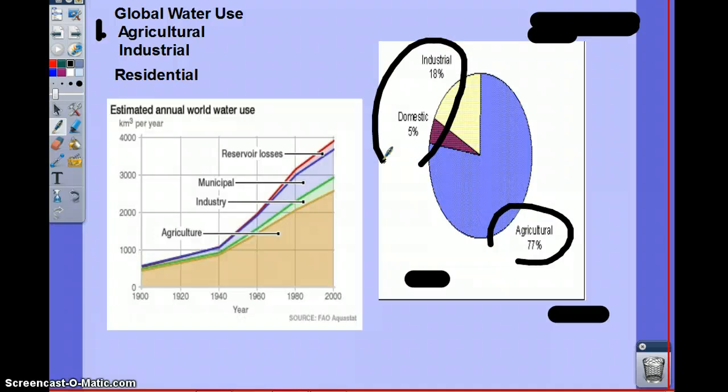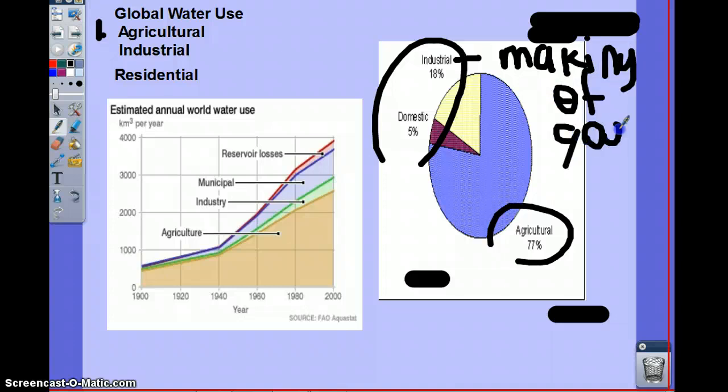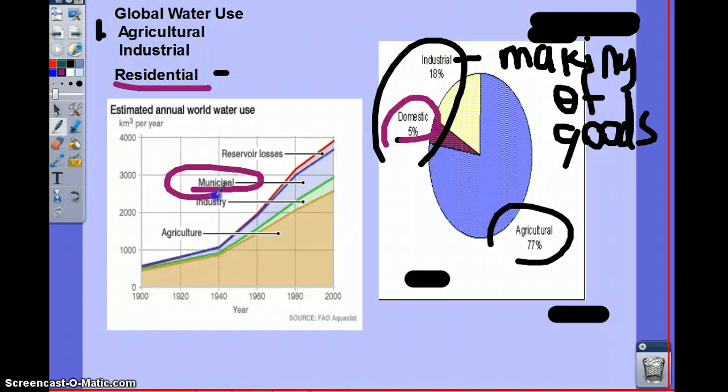When you see the word industry from now until the end of the year, think of making of goods, because any product that's being made or processed is considered industry. And domestic is residential. Residential, domestic, and municipal all mean the same thing.